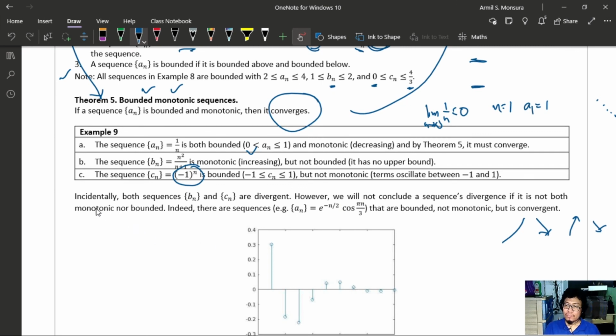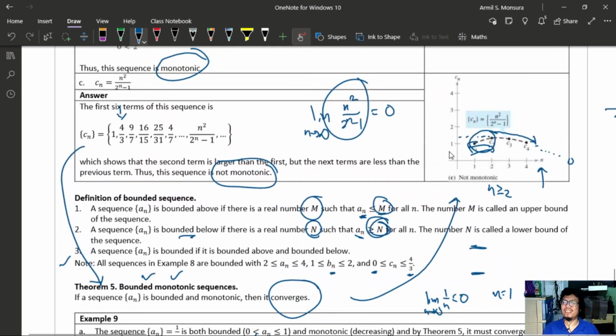Although there is also a harm that can be inadvertently done when you use theorem 5 exclusively. As in the case of this one, which we have already determined is convergent, but is not monotonic.